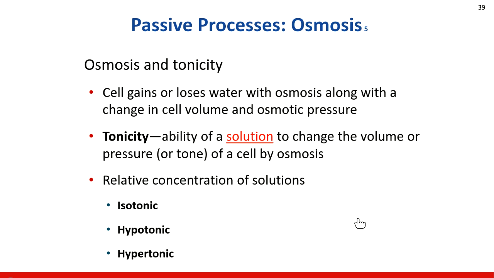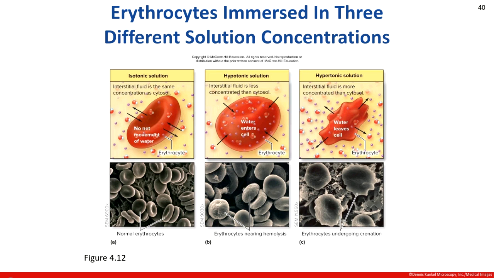So there's 3 types of solutions. Isotonic, iso meaning it's the same. Hypo, you know, is less. And hyper means more. So let me give you the 3 examples here. The first example is an isotonic solution. So we take our red blood cell, we put it into an isotonic solution.